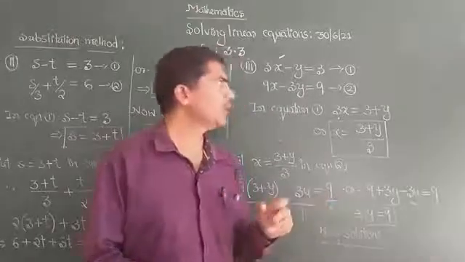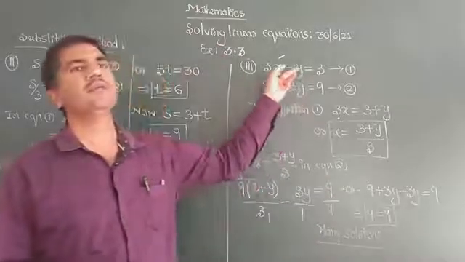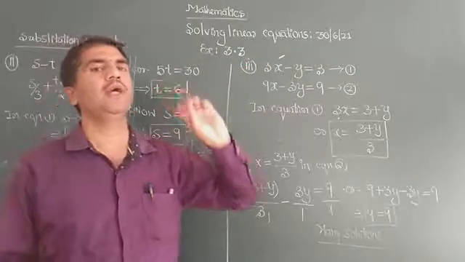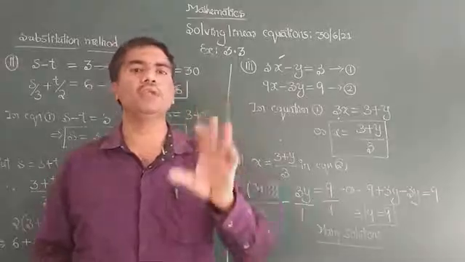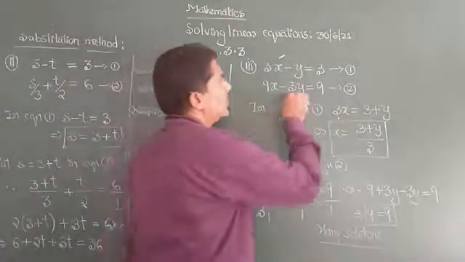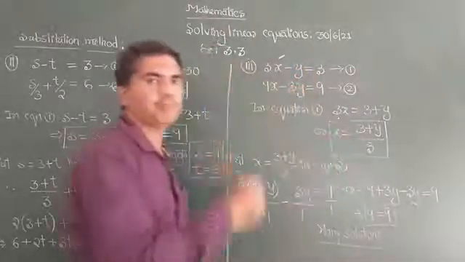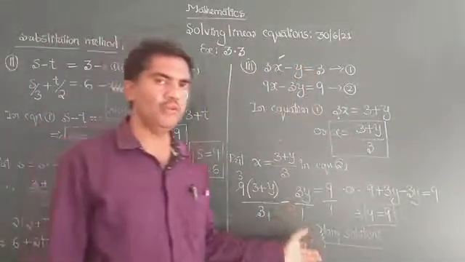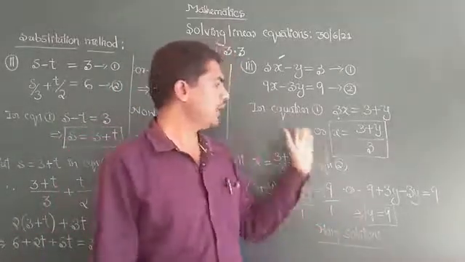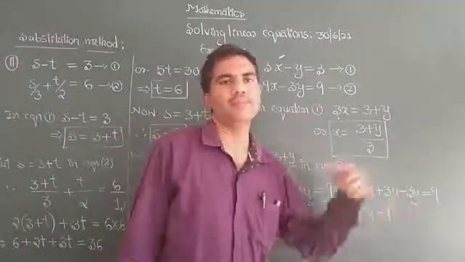Because these two equations are the pair of linear equations which have infinitely many solutions. Or to be more clear, these two equations are one and the same. Only in those cases, if they are not having any solutions, you won't get the values, you get like this.